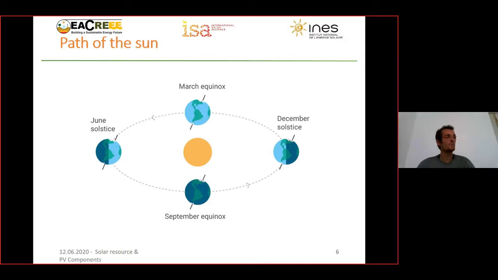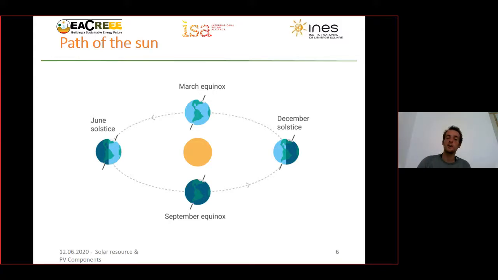So if you have a look at the schematics, on the right of the schemes, December solstice, for instance, you see that if you are located in the northern hemisphere, you are farther from the Sun compared to the southern hemisphere. So it's actually winter for you. And it's the other way around 6 months later. If you are located in the south of Earth, you are farther from the Sun than the northern hemisphere. So it will be winter for you in the south.